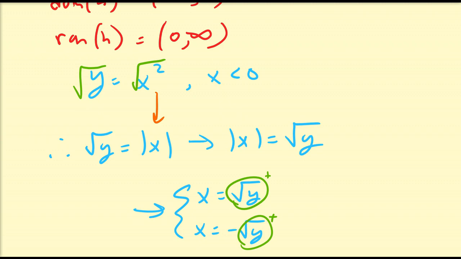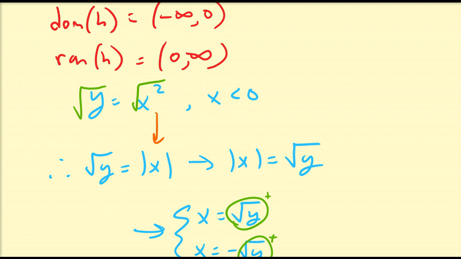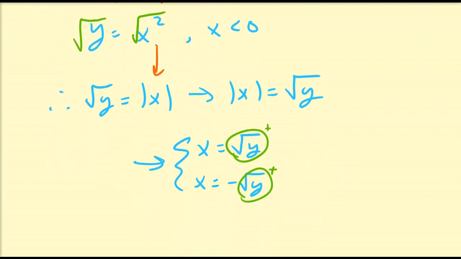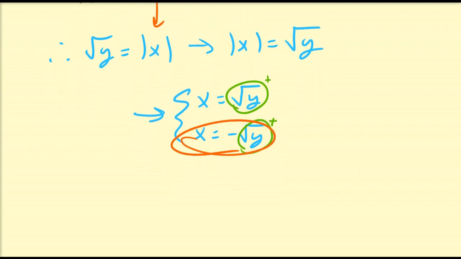So remember that x must be what type of number? So the domain of h, so x is located in this set somewhere, must be a negative number. So the only way that x can be a negative number, if y is a positive number, its square root is also going to be positive, is if we are in this second category. So that means this is the one that we want.